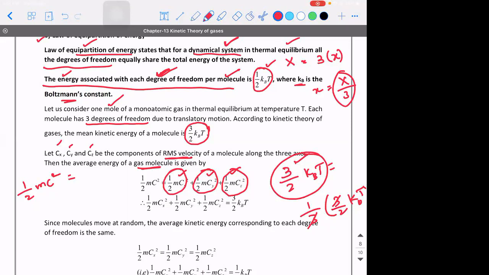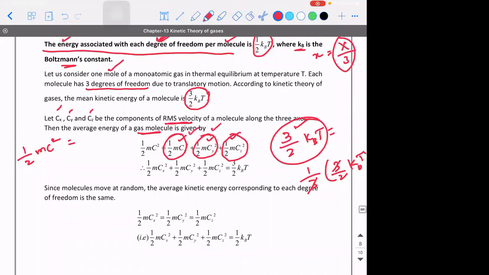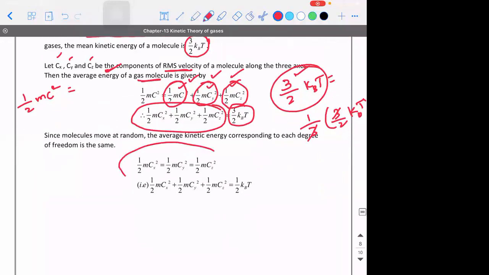When I equate all three to be the same, we know that half m cx square plus half m cy square plus half m cz square is 3 by 2 kb into T, because it is the average kinetic energy per molecule. Since all these three values are equal, the energy corresponding to each degree of freedom will be half into kb into T. This is another important point to be remembered.